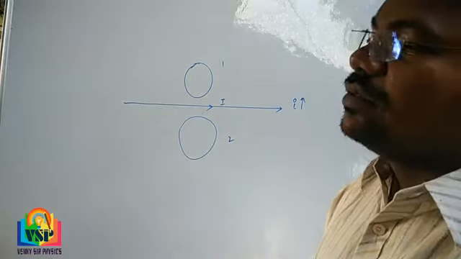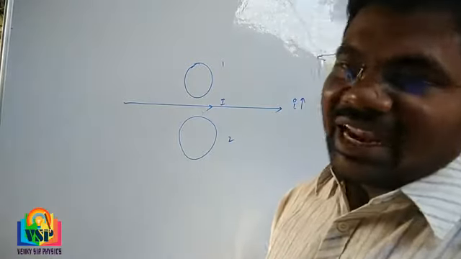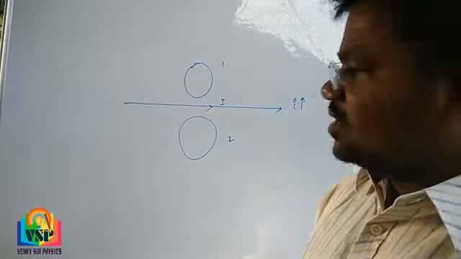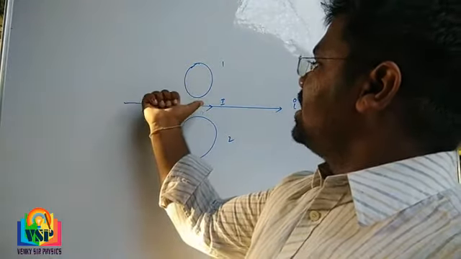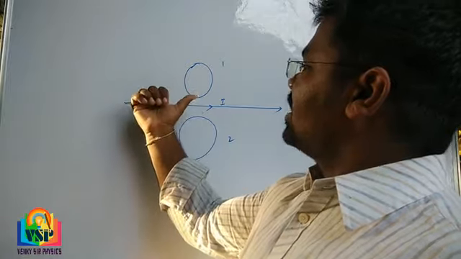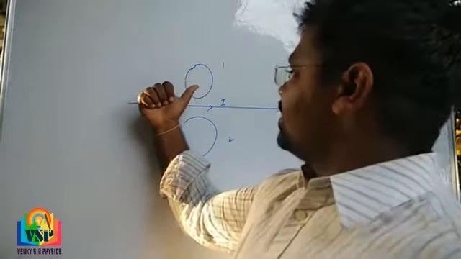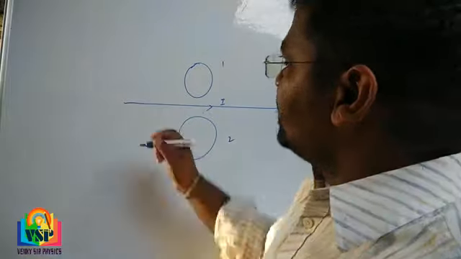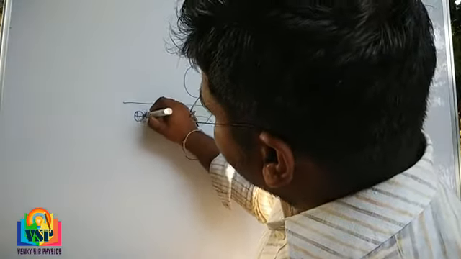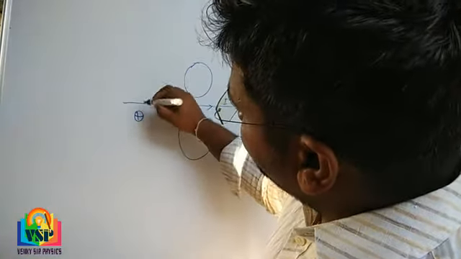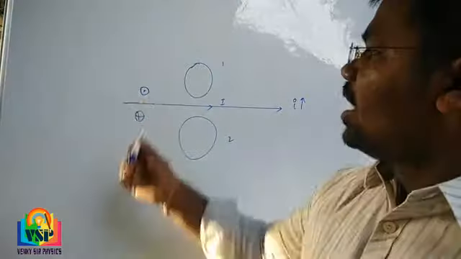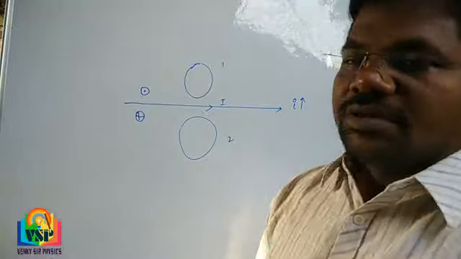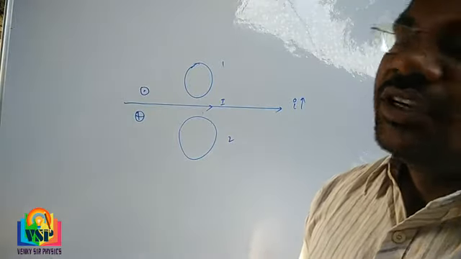According to Maxwell right hand thumb rule, we can find the direction. If the thumb indicates the direction of the current, the remaining fingers indicate the direction of magnetic field lines. Understand? Here the magnetic field lines are entering into the board and leaving out from the board.